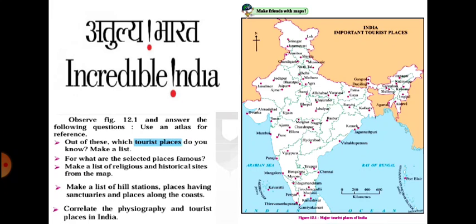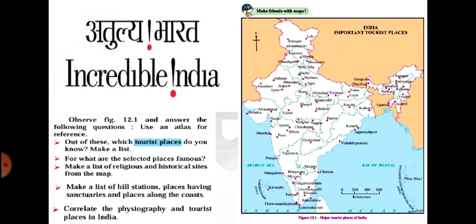Fifth, correlate the physiography and tourist places in India. In India, a vivid geographical diversity is observed. For example, the Himalayan mountains and the Gangetic plains in the north, coastlines at the east and the west, the Sahyadri ranges in the western region running north-south, and the northwestern desert of Thar.